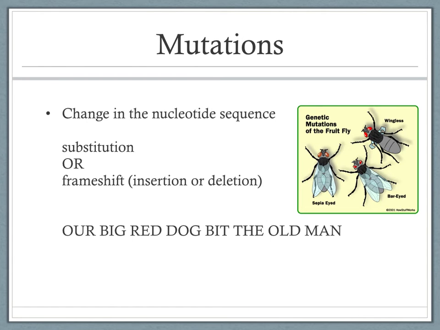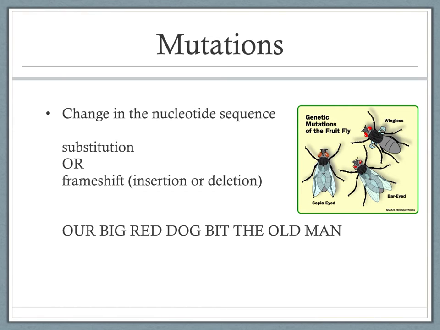Mistakes occur, and the redundancy within the genetic code sometimes doesn't eliminate the possibility of mutations occurring. Mutations occur due to changes in the nucleotide sequence. This can occur because of possible substitutions, or if a particular nucleotide has been deleted or inserted.